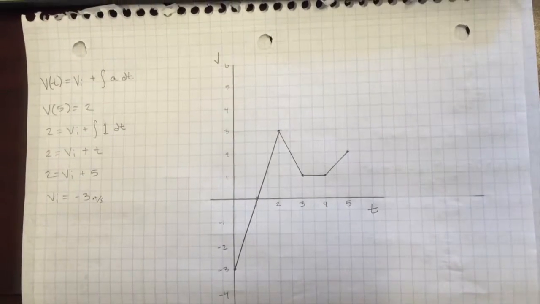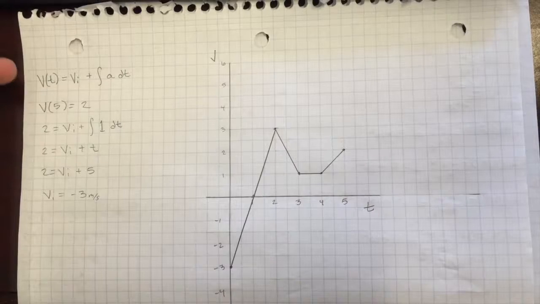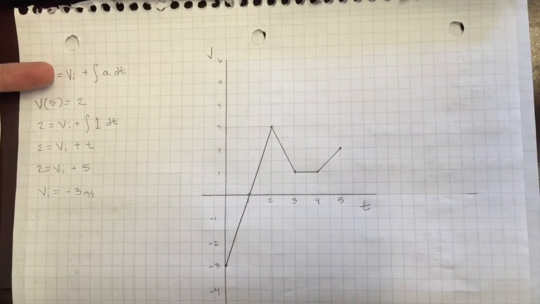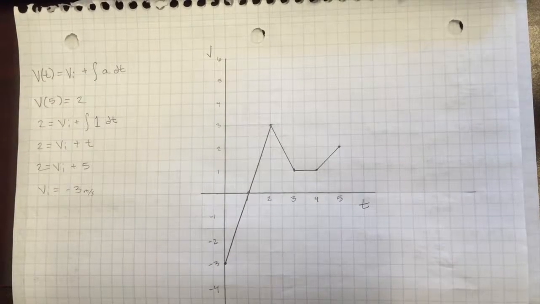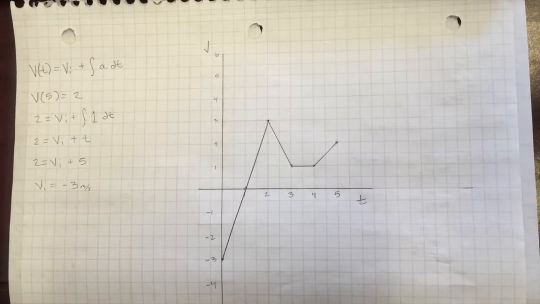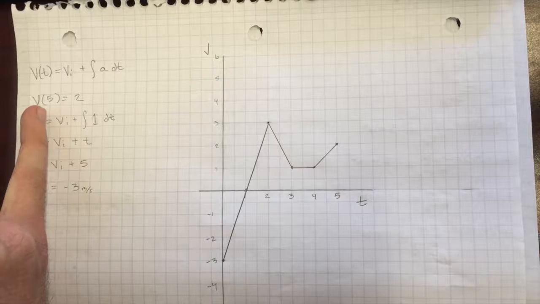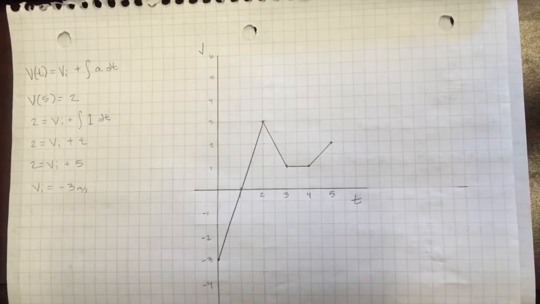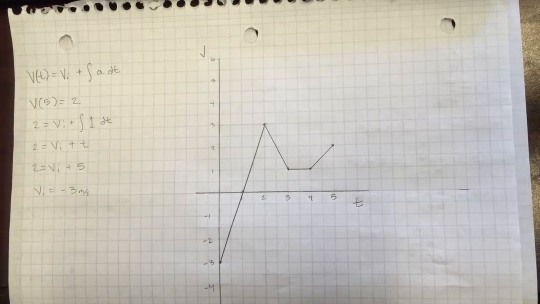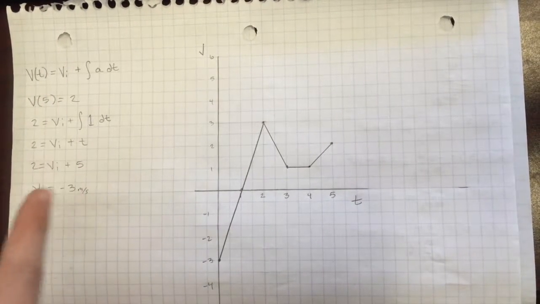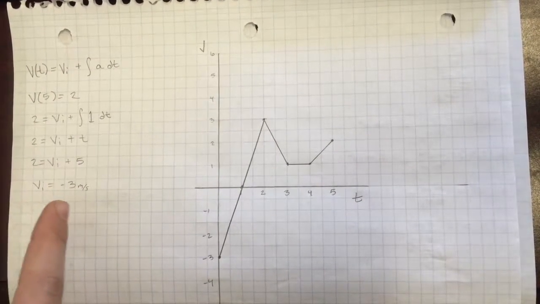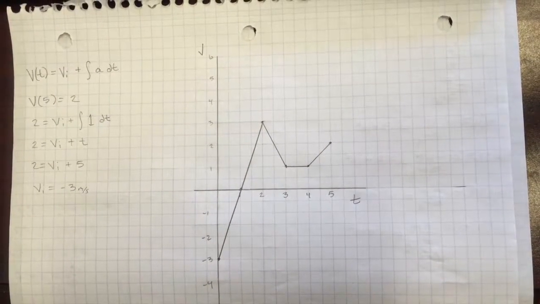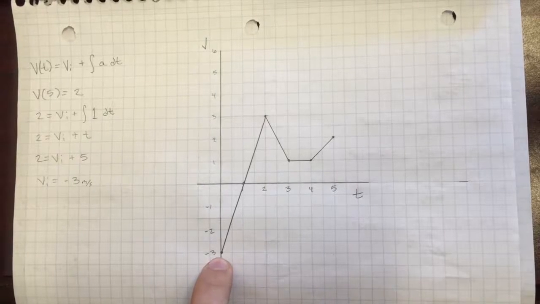So to find the velocity graph, you take the velocity as a function of time and set it equal to the initial velocity plus the integral of the acceleration, and you plug in 5 seconds. At 5 seconds the velocity is 2 meters per second, and after solving the equation you get the initial velocity is negative 3 meters per second, and that's going to be our starting point.